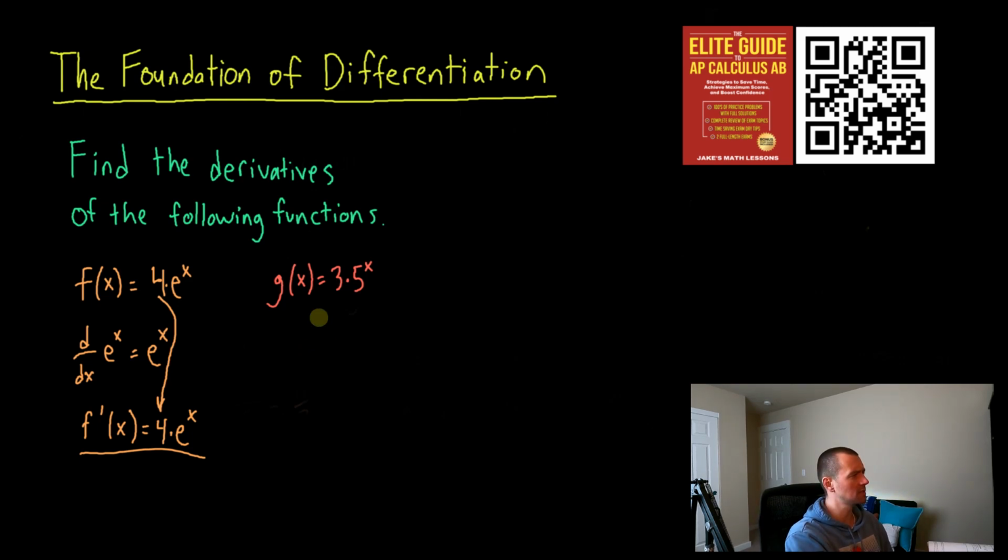So let's go into the next example. We're going to find the derivative of g of x, which is 3 times 5 to the x. This is going to be just a little bit more complicated, though not much, to be honest. We have a very similar setup where we have a constant coefficient in front times some function of x, where we have a constant base and then a variable x as our exponent.